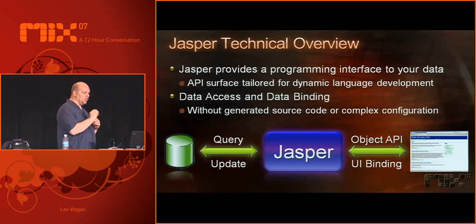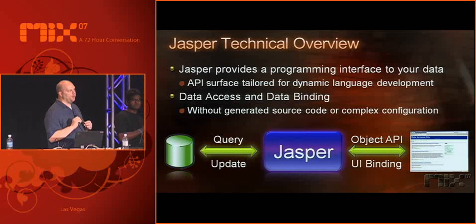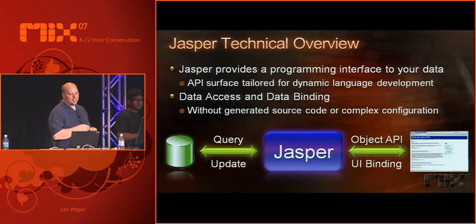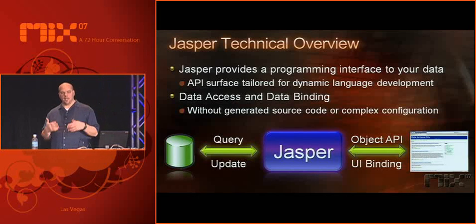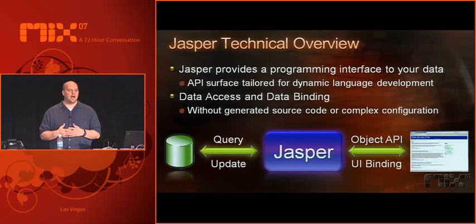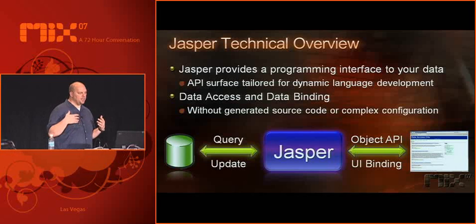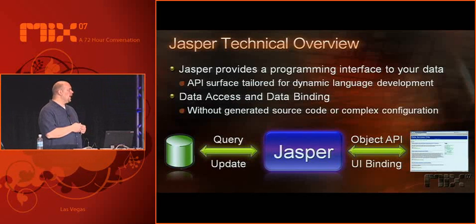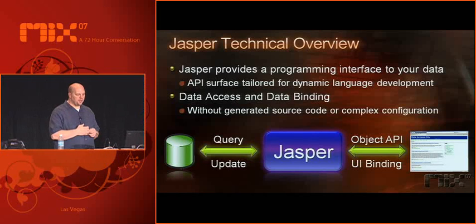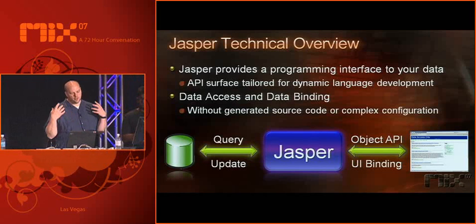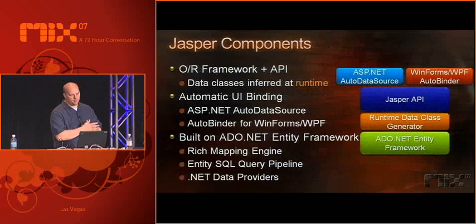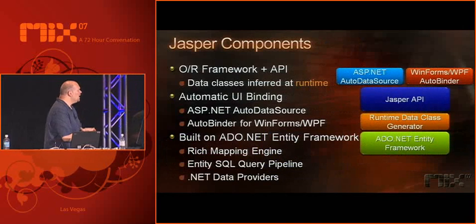What we've really done is just select out those pieces where we can really benefit from eliminating that manual wiring and put that in the Jasper engine. On the other side of it, we have the object API. Now we have a real object relational API built into ADO.NET, and the UI binding engines that you've seen for ASP.NET, and we'll also talk about some of the other binding engines. So as Sham said, those are the two pieces that make up Jasper to begin with.